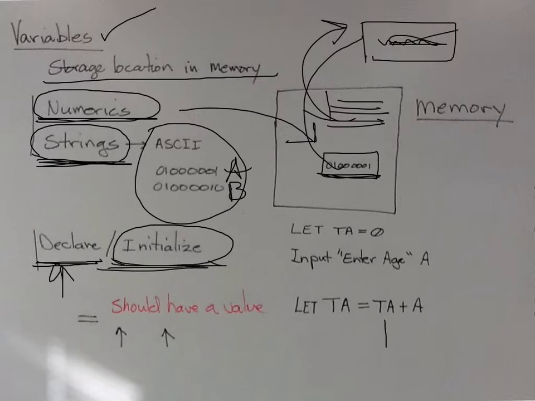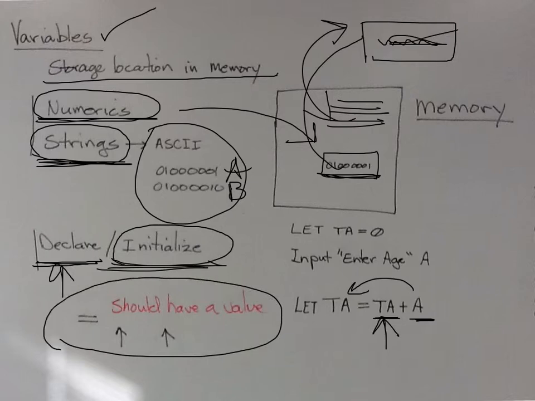Here on this formula we have a variable on the right side, and it should have a value. Both of these should have a value before it calculates this. Everything on the right side of an equal sign should have a value. And we should always keep in mind to distinguish whether it's representing a string or a numeric. Then we had that example before.